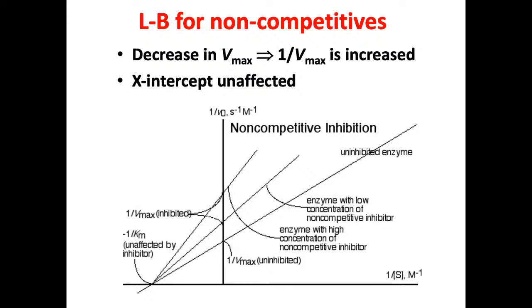So with non-competitive inhibitors, Vmax decreases and 1 by Vmax is increased. So the x-intercept is unaffected.